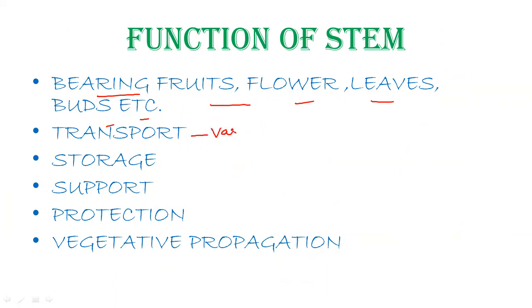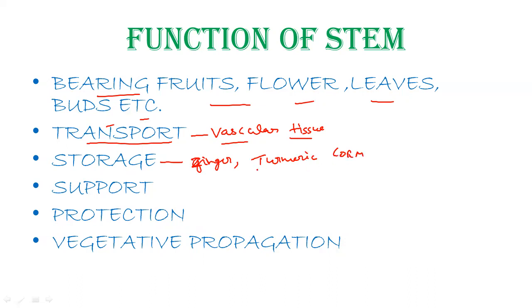Because they have vascular tissue, xylem and phloem, which help in transportation. Storage, underground stems like ginger, okay, ginger, turmeric, corm, all these underground modifications store food.